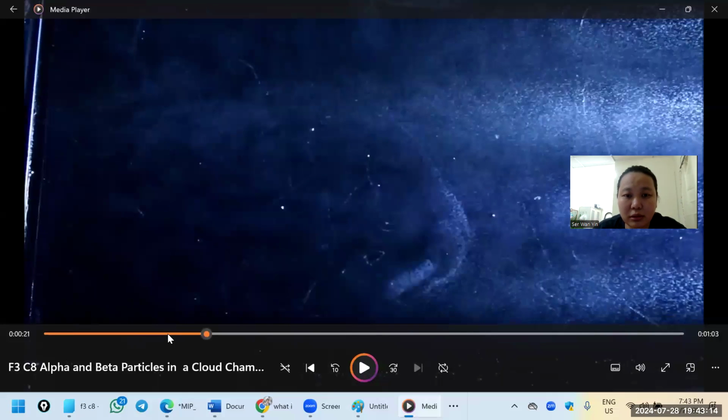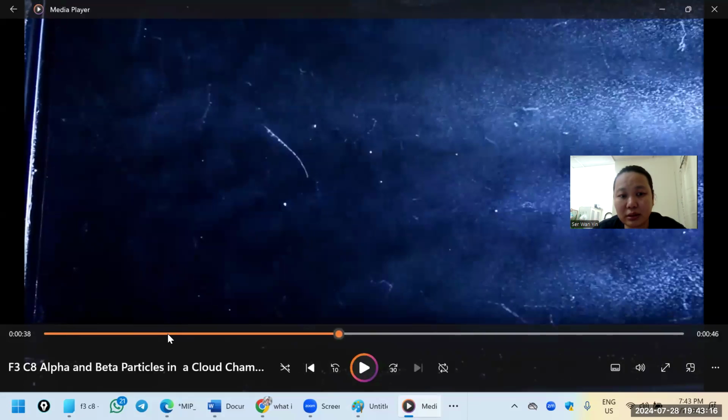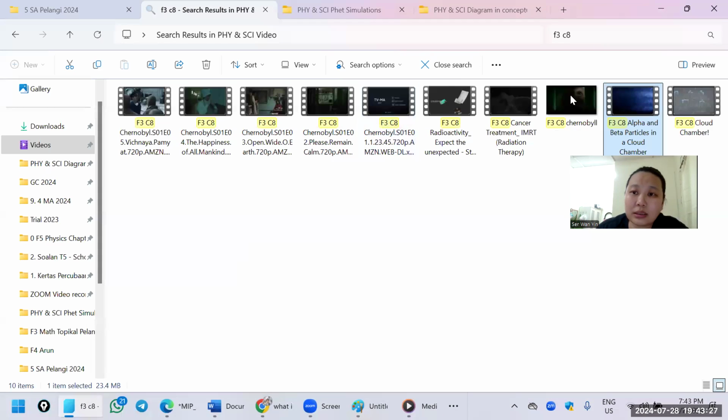Okay, so now you can see that the radioactivities differ, sometimes more, sometimes less, but it will count within 1 minute on average. Okay, so let me show you.